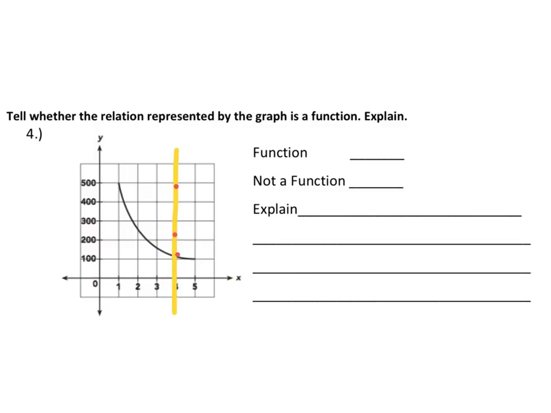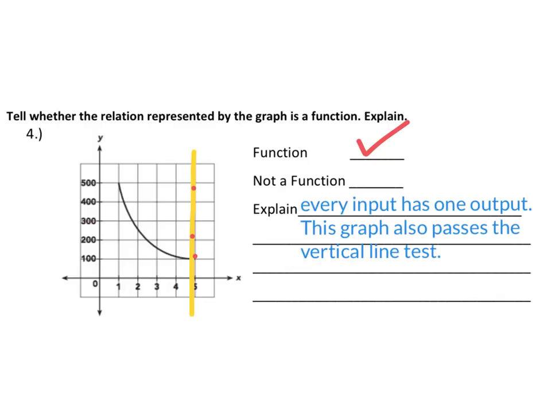Just every input only has 1 output. And then finally, there, it hits 1 place. So it does pass the vertical line test. So this is a function. And then my explanation. So I put every input has 1 output. This graph also passes the vertical line test.